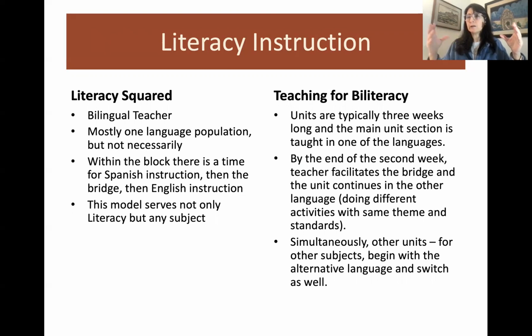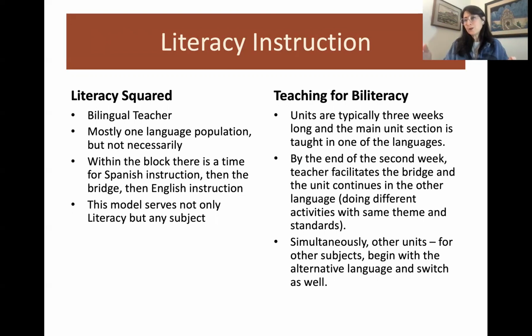So you might start the unit, which is typically 3 weeks, and maybe by the end of the second week, after you do some of the main tasks, the heavy part of the unit, you do a bridge, and after the bridge you can switch into the second language with another task of the unit. And then simultaneously, for example for literacy, maybe you're choosing a science lesson and you're starting with the alternative language, so that ultimately every day you're still using both languages almost equally.